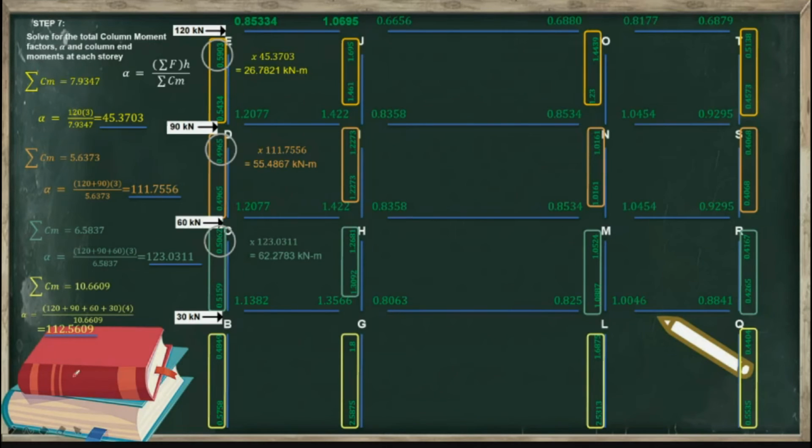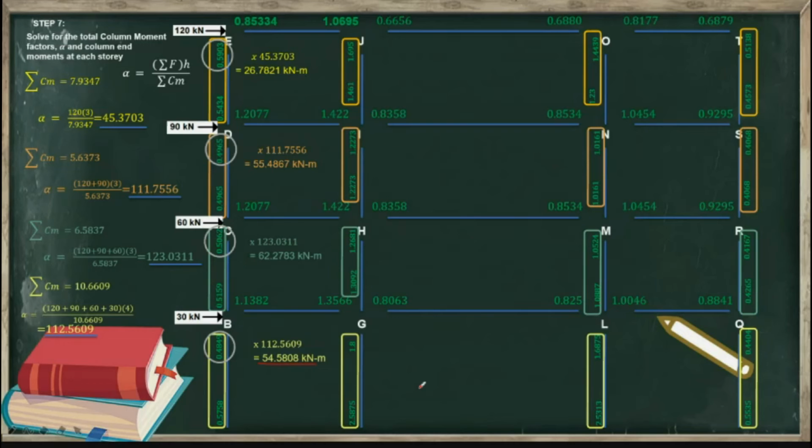So ito si 112, multiply natin siya sa bawat column moment factors natin sa first floor. So para makuha natin yung mismong mga moments niya. So we have here an example value of it is equal to 54.5808 kilonewton meter.